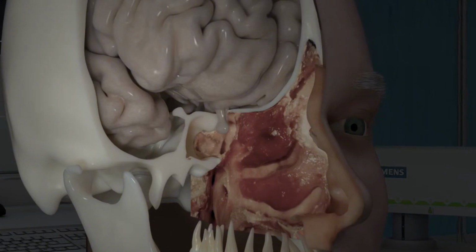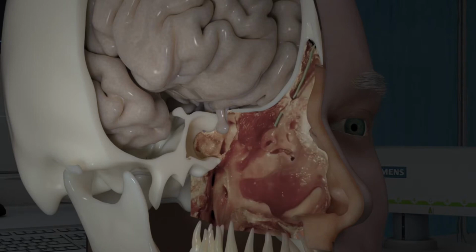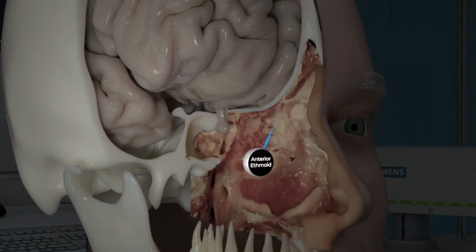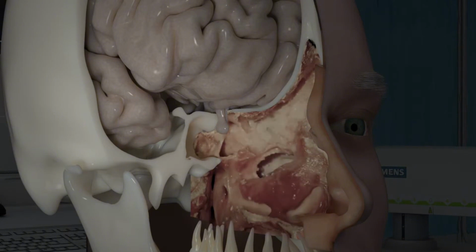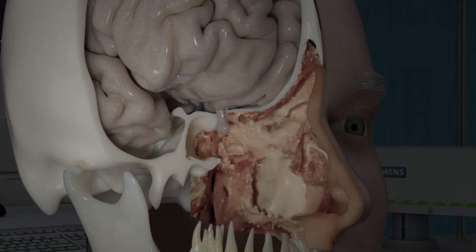The sphenoid sinus, the frontal sinus, the middle turbinate, the superior turbinate. After the middle turbinate and superior turbinate are removed, the anterior ethmoid sinuses and the posterior ethmoid sinuses can be seen. After the inferior turbinate is removed and the medial portion of the maxillary sinus wall, the airspace of the maxillary sinus can be seen.